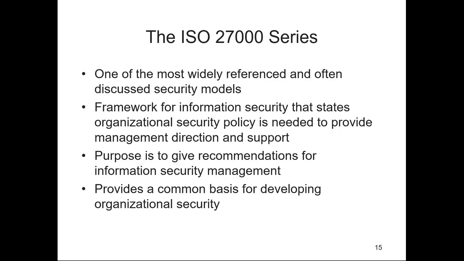Then for 7, 8, 9, and 10, we have, for 7, system access control objectives in this area of security, which is to control access to information. And 8 is the system development and maintenance objective, and 9 is business continuity planning to counteract interruptions to business activities and to critical business processes from the effect of major failures or disasters.